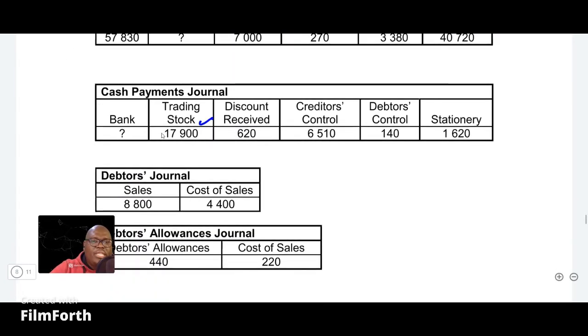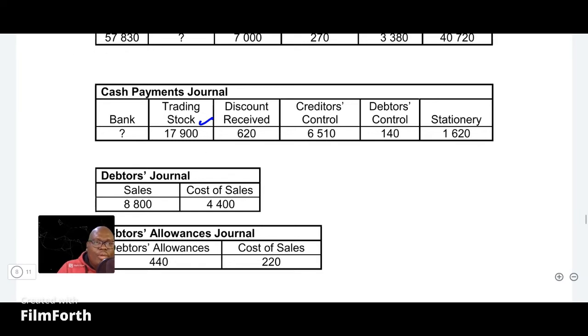And then you go to the other subsidiary journal that we must use. If you see here, we have the debtors journal. Remember, in terms of the debtors journal, it means that you sold some goods to customers on credit. So the effect will be the same in terms of when you record for the part that affects the trading stock.